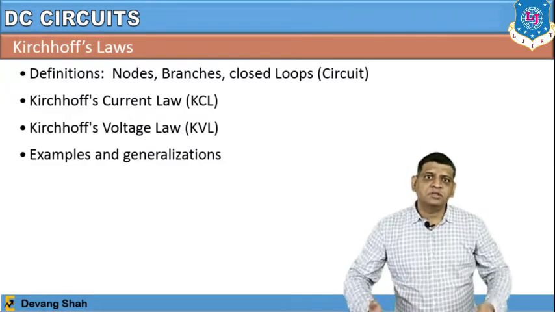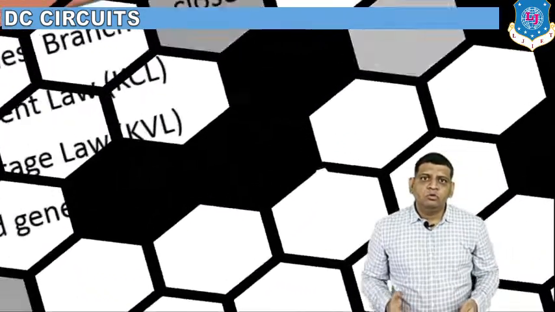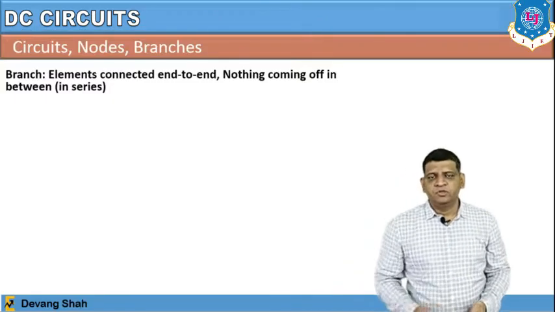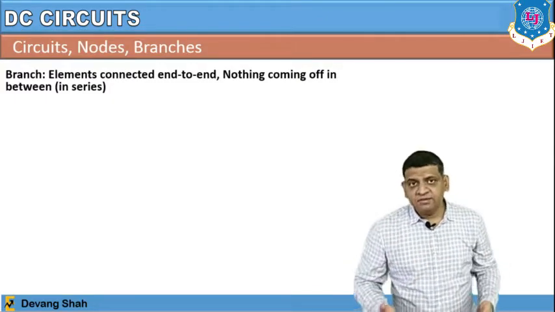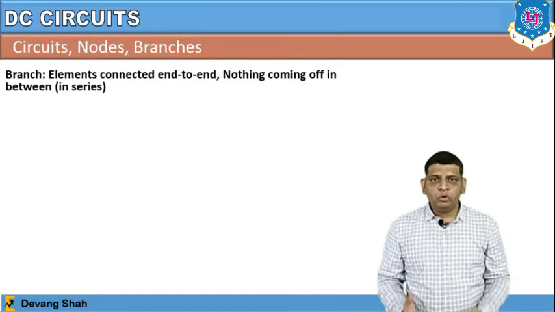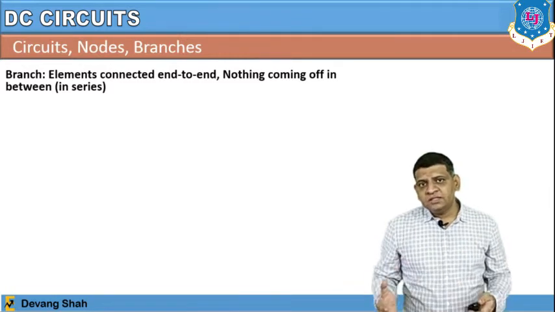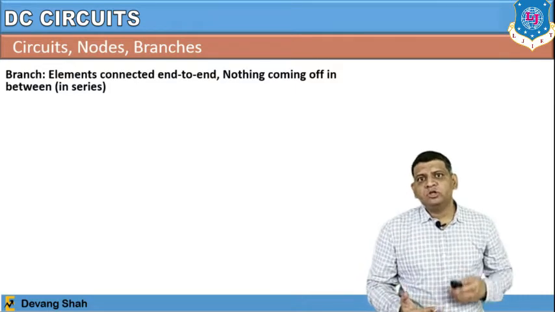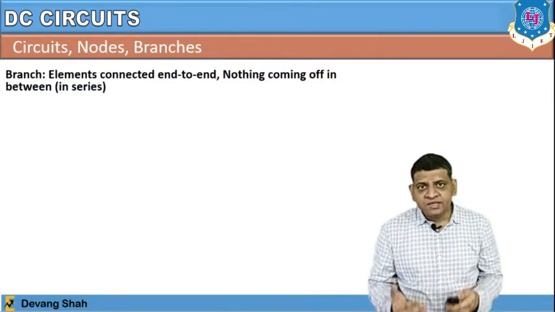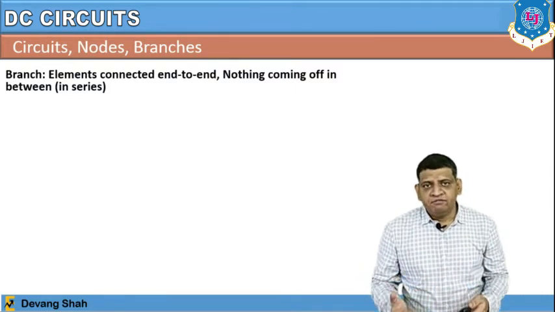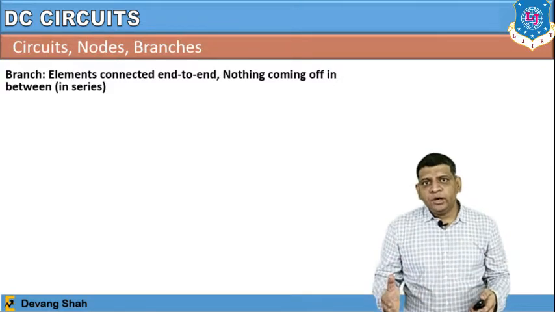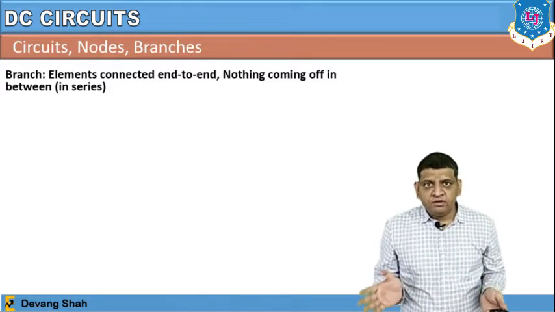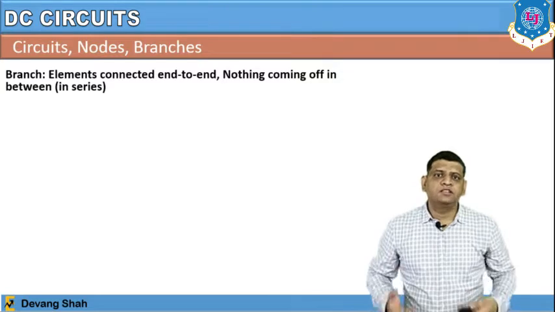So let's start first with the node and branch. We'll start with the branch first. What is a branch? A branch is not a single wire. There is an incorporation of components inside the wire. One component, or components connected end to end, we consider as a branch.